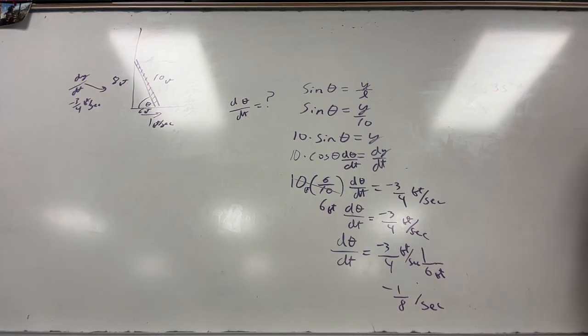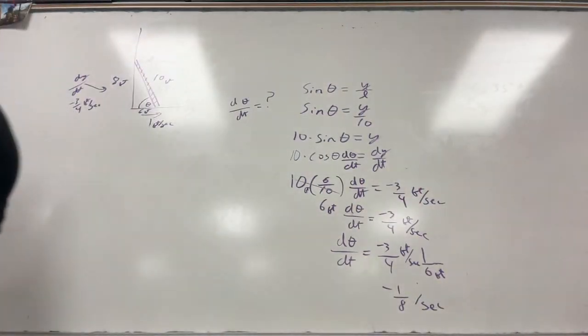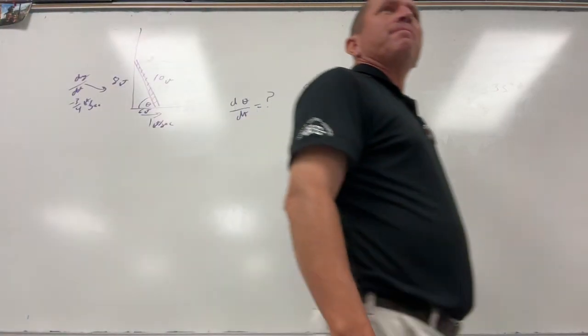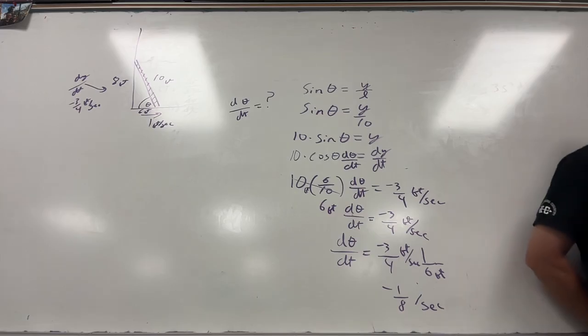Why is that? Why would radians not have units? What is a radian? It doesn't have to have pi in it.